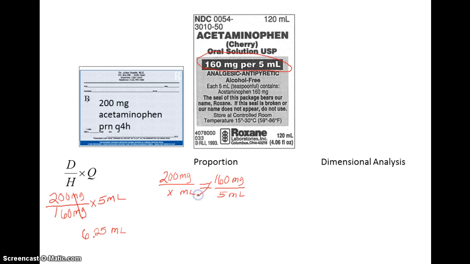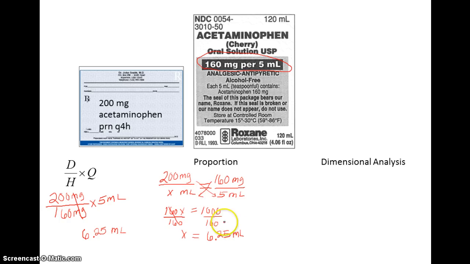For the proportion, we multiply on the two diagonals, or cross multiply, and so I have 160x is equal to 200 times 5, which is 1,000. Then I need to isolate the x, so I divide by 160 on both sides of my equation. The 160s cancel, and again I have x equals 6.25. When I look back at the problem, my x had a label of milliliters, so my answer has a label of milliliters.